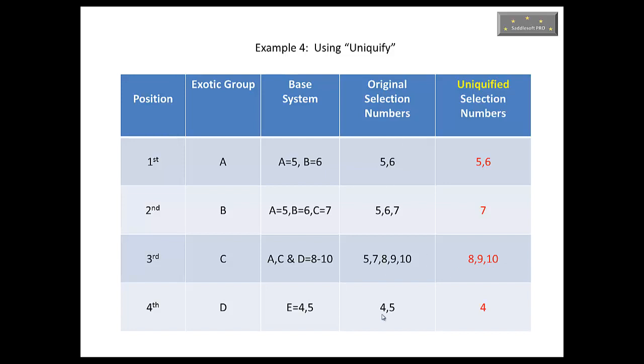And similarly in the very last one, 5 has actually appeared in every other group per the original selection, that's only number 4. So the uniquified version of the prior system is to have 5 and 6 for first, 7 for second, 8, 9 and 10 for your third grouping as in exotic group C, and only number 4 as the final selection. Now what that means is these are all mutually exclusive.